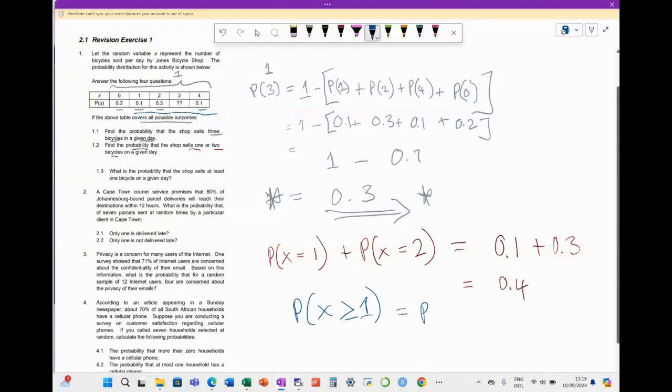the probability of 1 minus the probability of x equaling 0.